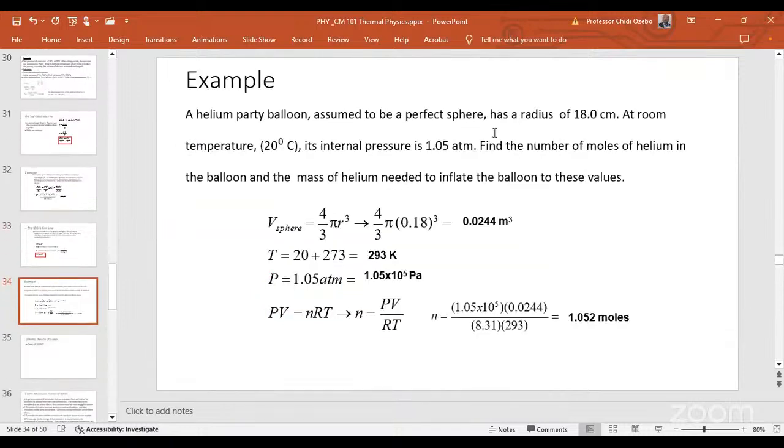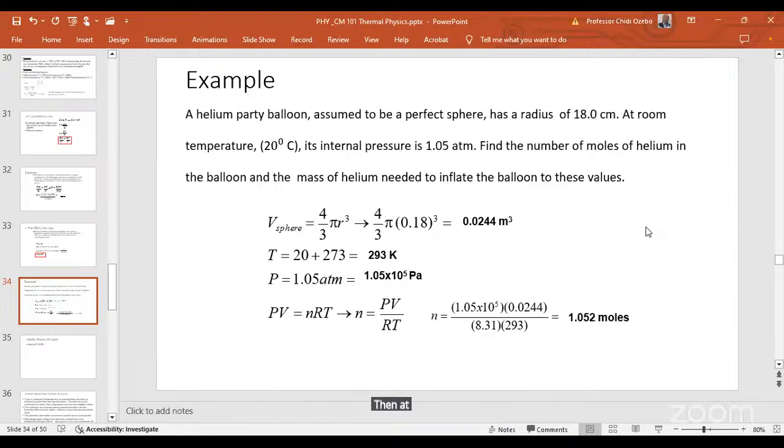Now let's look at another example. A helium party balloon, assumed to be a perfect sphere, has a radius of 18.0 centimeters.